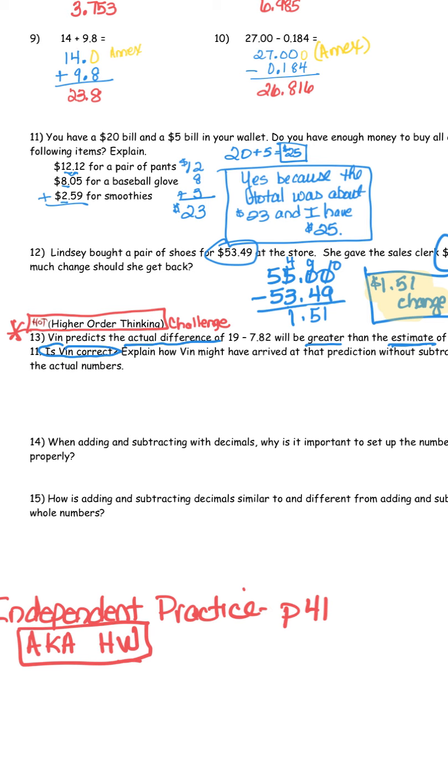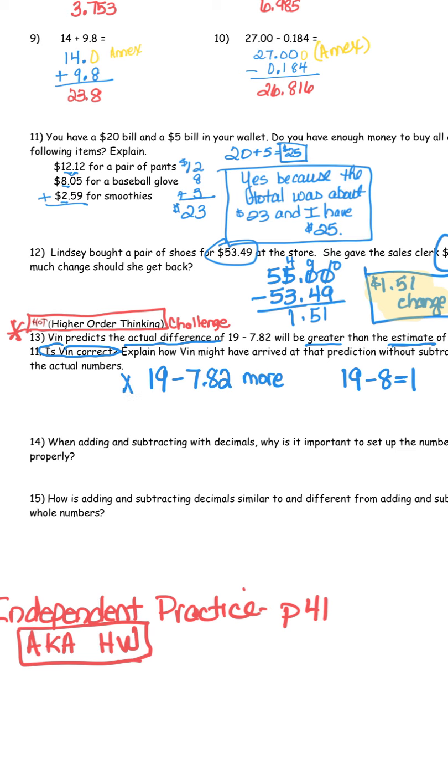Well, first of all, he's saying that the actual difference of 19 minus 7 and 82 hundredths is going to be more than the estimate of 19 minus 8 equals 11.